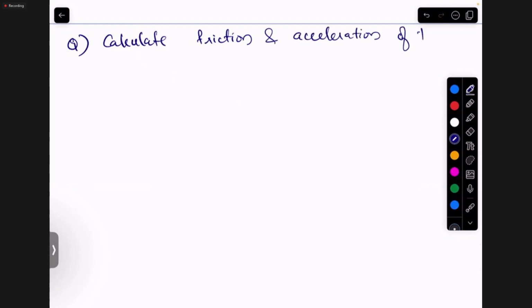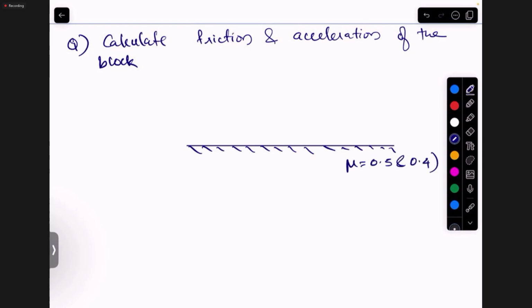The block setup is something like this. So this is a rough surface. Mu equal to 0.5 and 0.4 is given. It's a 5 kg block and 30 Newton is applied.